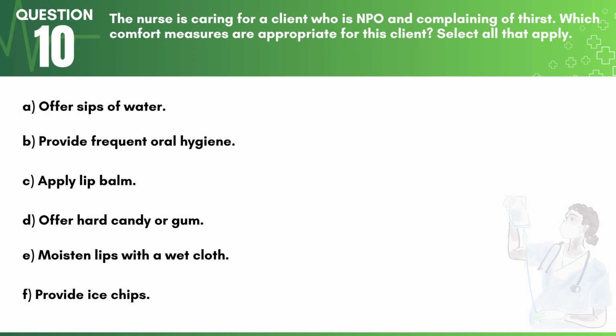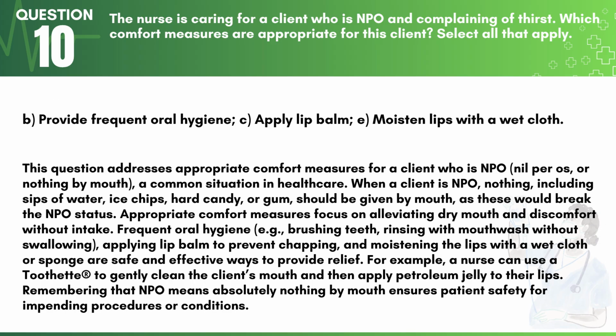D. Offer hard candy or gum. E. Moisten lips with a wet cloth. F. Provide ice chips. Answer: provide frequent oral hygiene, apply lip balm, moisten lips with a wet cloth.